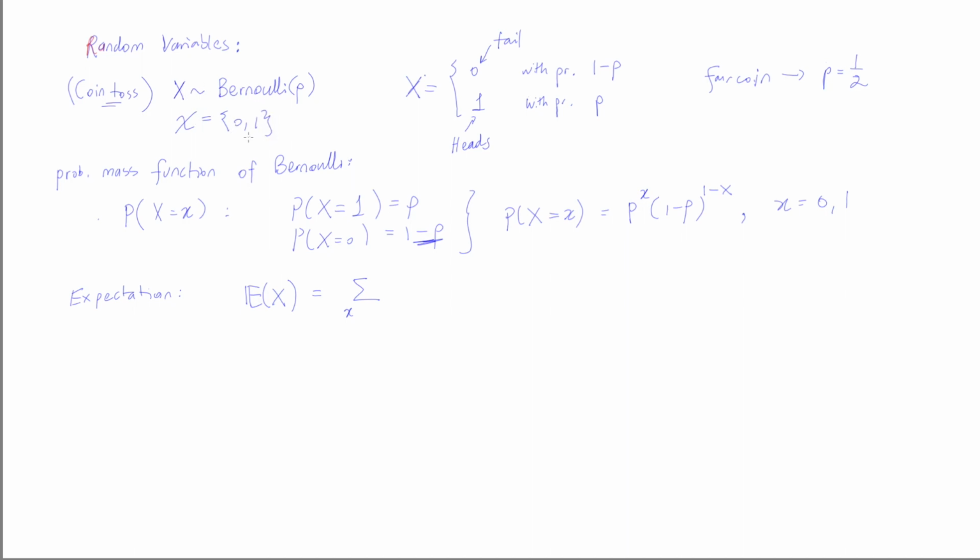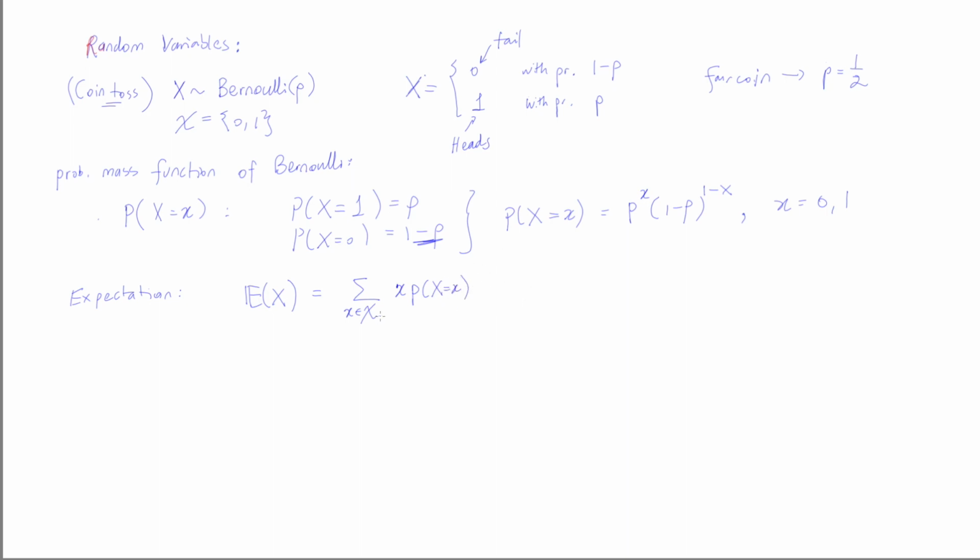So X can take 0 or 1. This is just another way of writing probability of big X equals little x. Let's not confuse things, let's just leave it as the notation that we're working with.